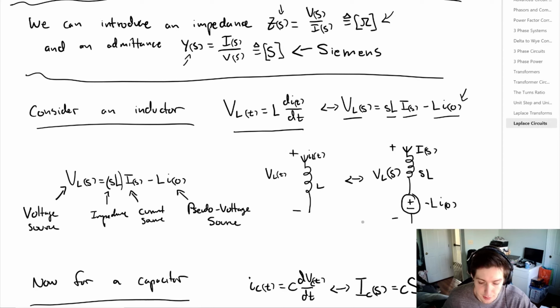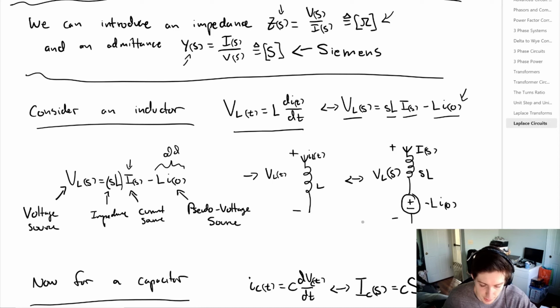And this kind of looks like a KVL a little bit. So we would say that VL is quote unquote our voltage source, S times L is our impedance, I is our current. And then we have this term here. It's kind of odd because it's not really an impedance, but because we're considering this a KVL, we're going to call it some pseudo voltage source.